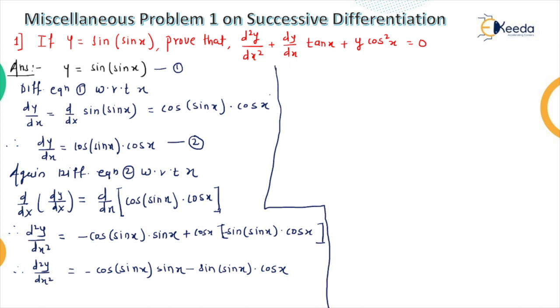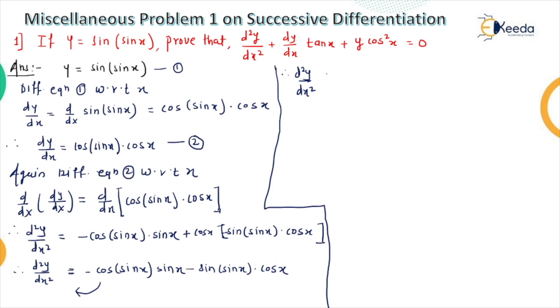Therefore this equation can be written as d²y divided by dx². Now shift the RHS term to the LHS, guys.